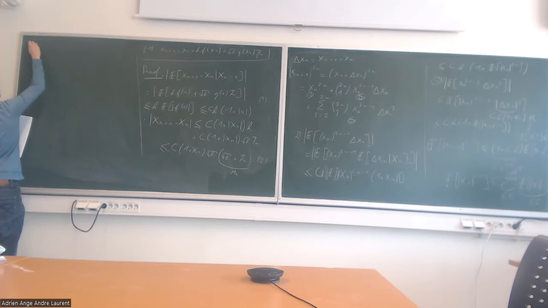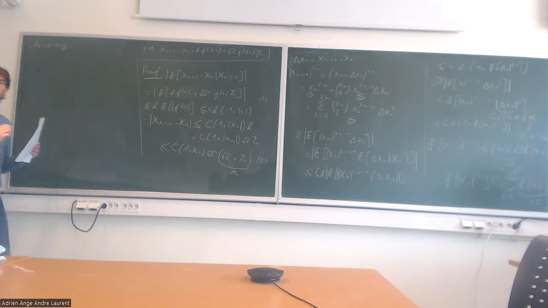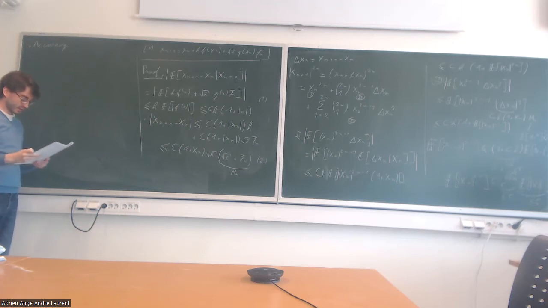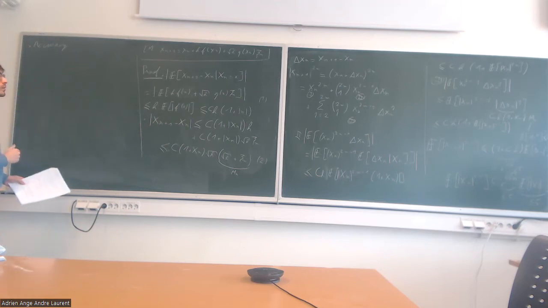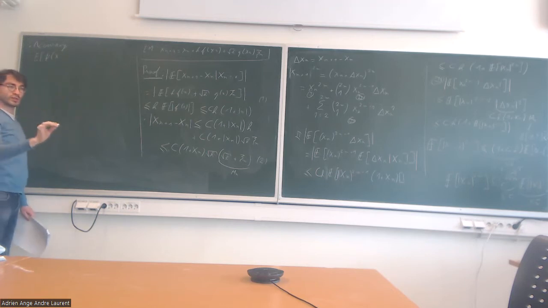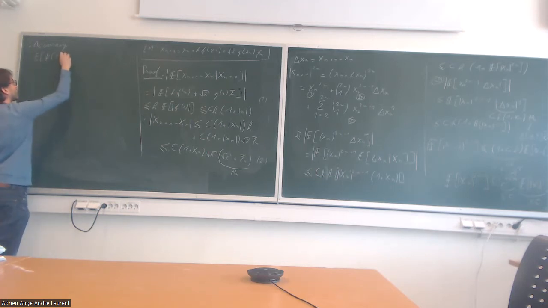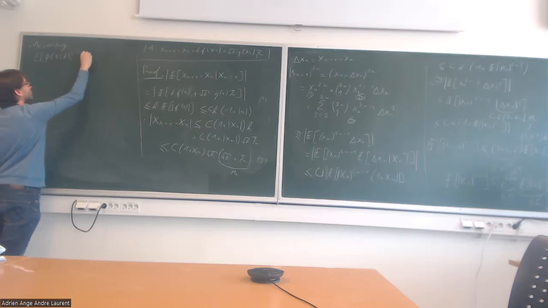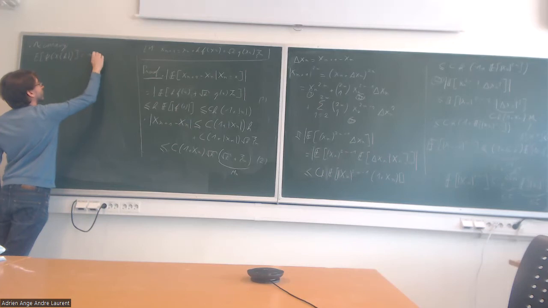Now we have accuracy. This is the part I prefer. We want to approximate the expectation of phi after one step. We just do one step of the algorithm. So what we want to approximate is the expectation of phi of X at time h, which we denoted as u(x0, h).